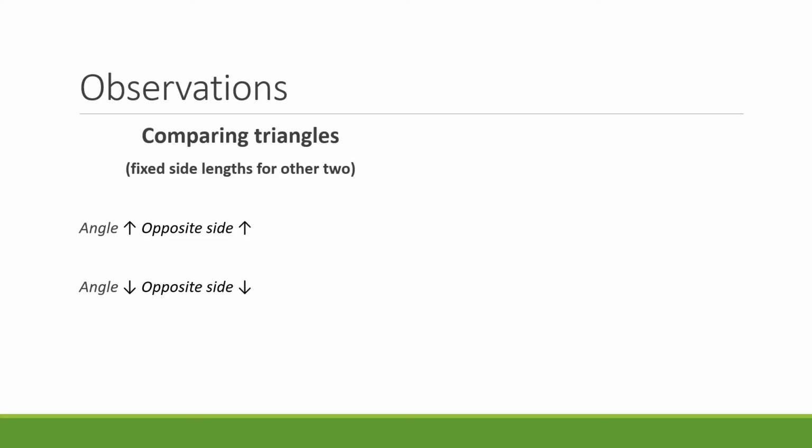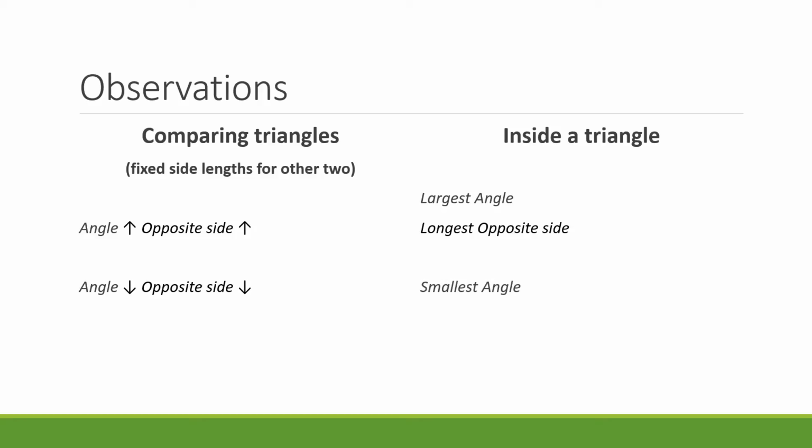What else do we have? Inside a triangle, the largest angle corresponds to the longest opposite side. And similarly, if you have the smallest angle, the opposite side is the shortest among the 3 sides.